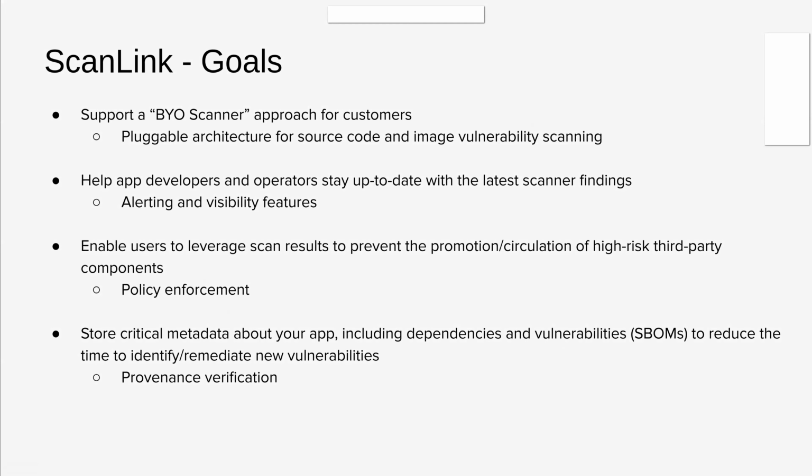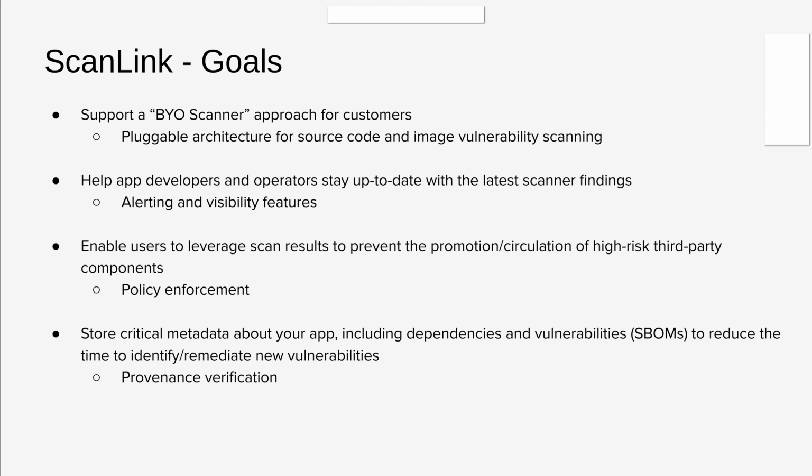As goals of ScanLink, the idea is to support the model of bring your own scanner, to help customers, especially those with multiple and different types of scanners. We built a pluggable architecture that allows us to plug in all these different types of scanners and identify potential vulnerabilities in the source code and in our built image.